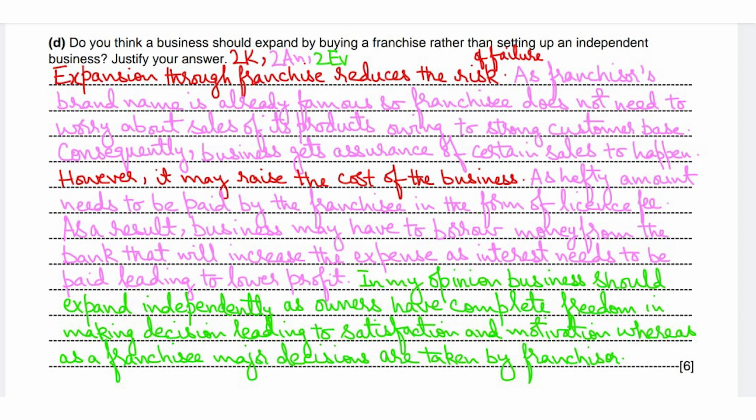Okay, so I discussed the advantage first, then the disadvantage, and then I came up with the final conclusion with justification. But remember, if you are discussing advantage and disadvantage in the body of the question, you cannot use the same point as justification. Now what does it mean? It means you have to come up with a new point.